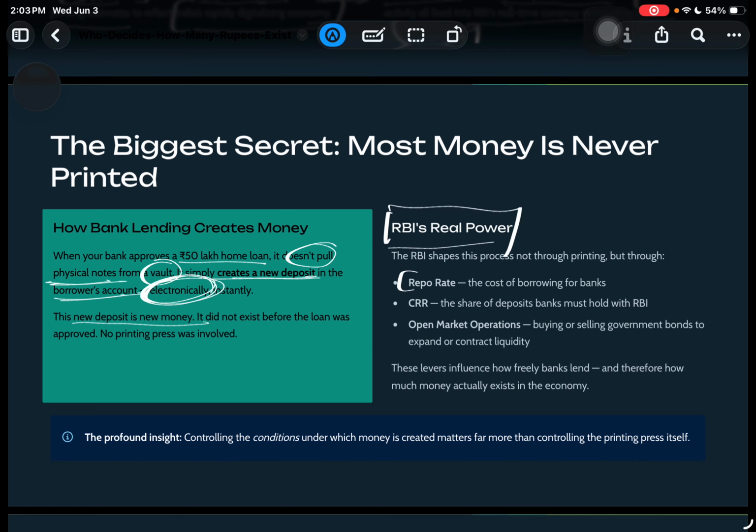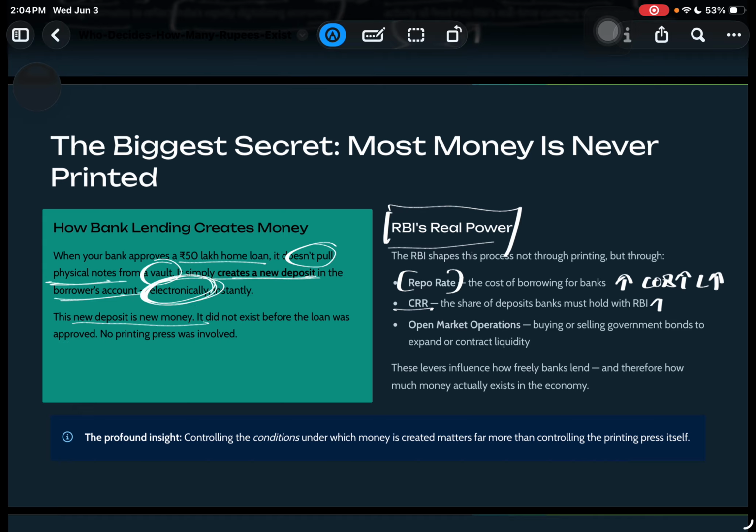It uses the repo rate. What is the repo rate? It is the rate at which banks borrow funds from the RBI. If the repo rate increases, the cost of borrowing increases, loans become more expensive, and people spend less. CRR is the share of deposits that the bank must hold with RBI.